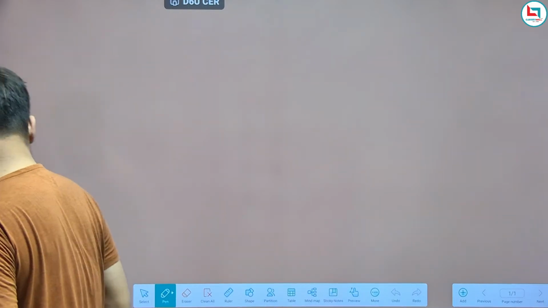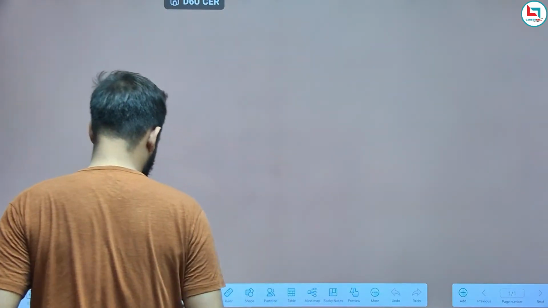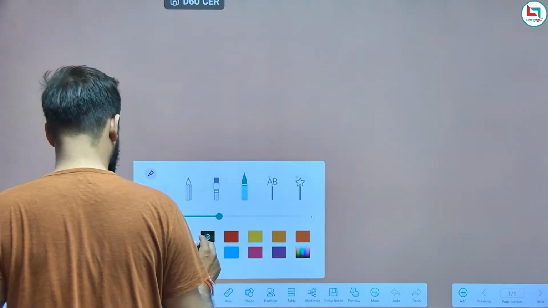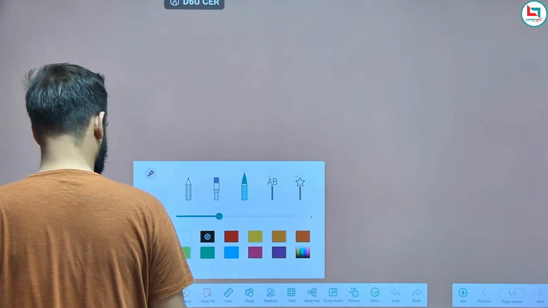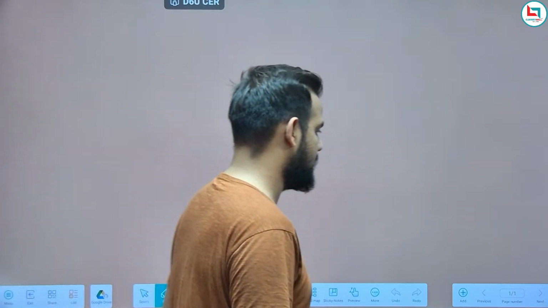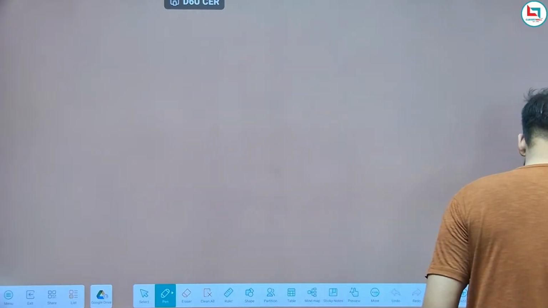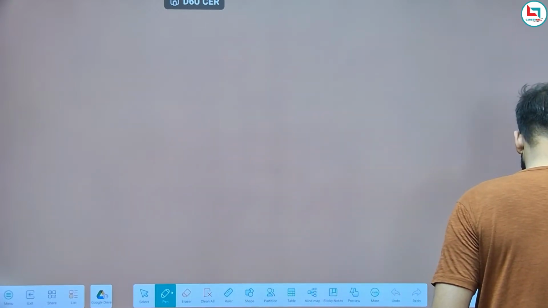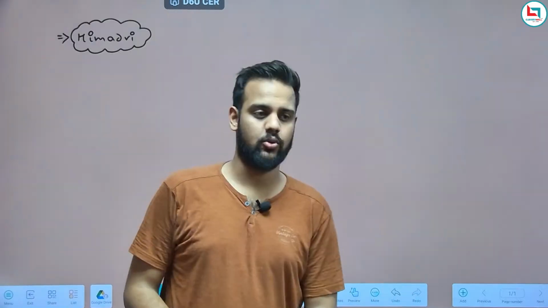Today we are going to talk about the Himalayan mountain ranges. Okay, so let's start our discussion. This discussion will be an interesting one.